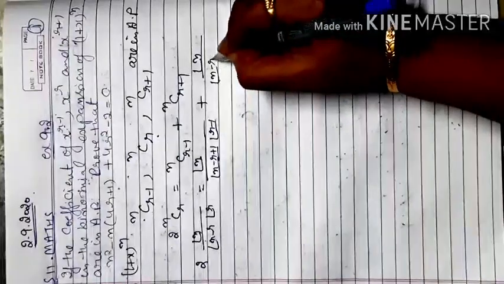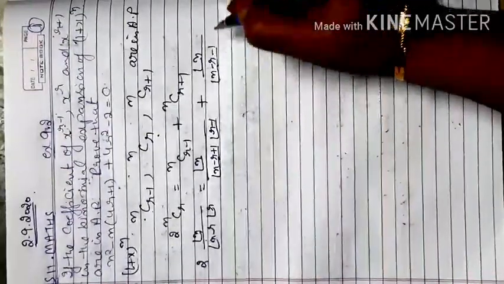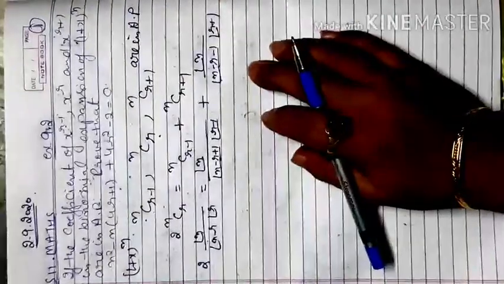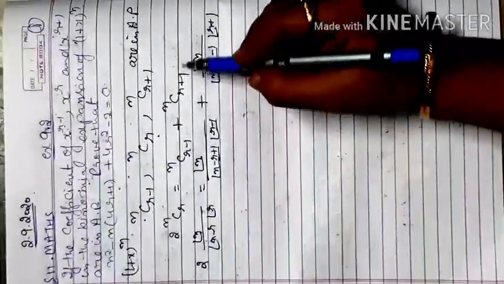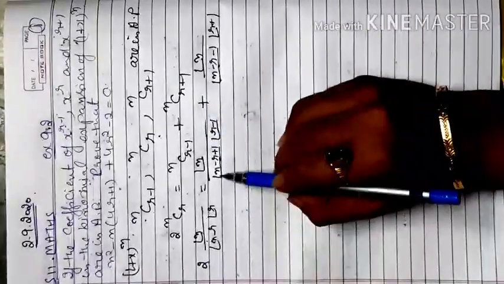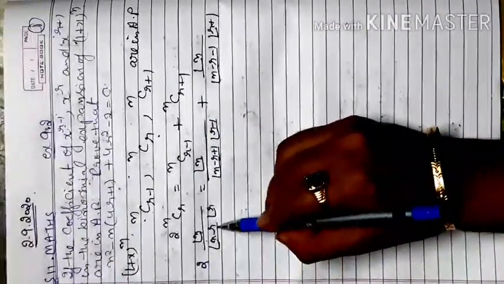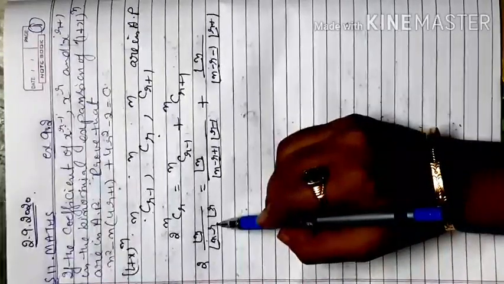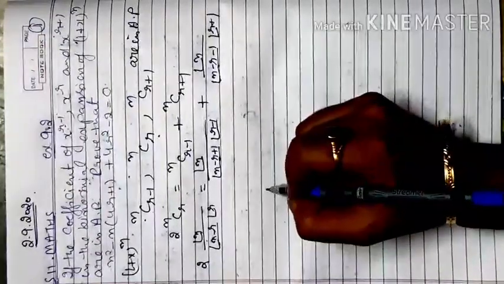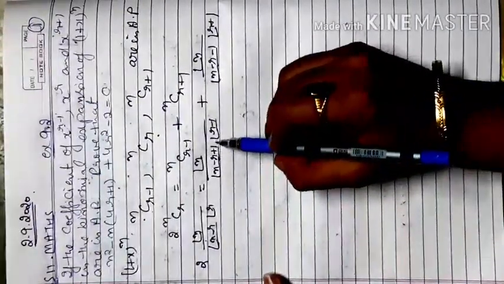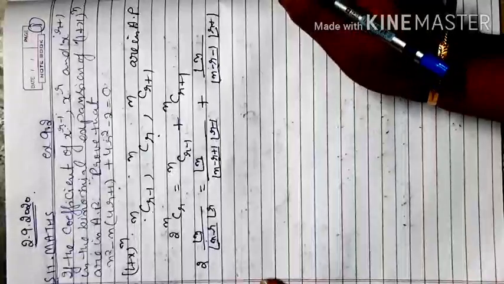So when you open this one, that becomes n minus r minus 1. Remember, everything that is written here is r minus 1 and r plus 1. If in place of r there is r minus 1, that will be considered within the bracket and the negative sign will be considered outside. When you open the negative sign, that becomes minus r plus 1, and here n minus r minus 1.